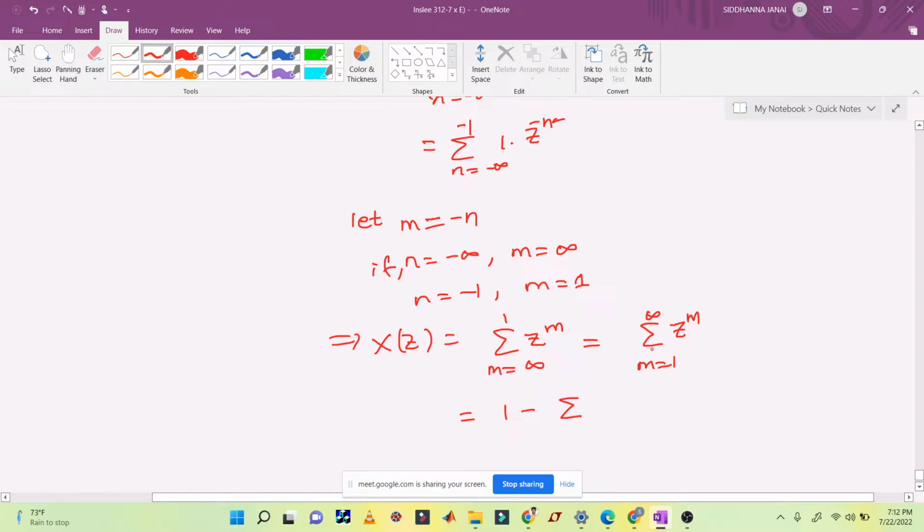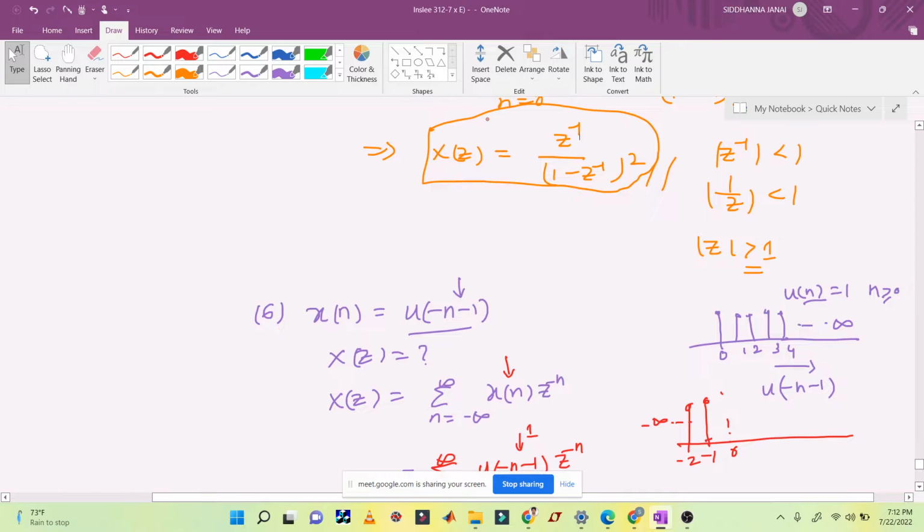Now this can be written as 1 minus summation m is equal to 0 to infinity z power m. One thing I forgot to mention here, sorry for that, this should be minus.